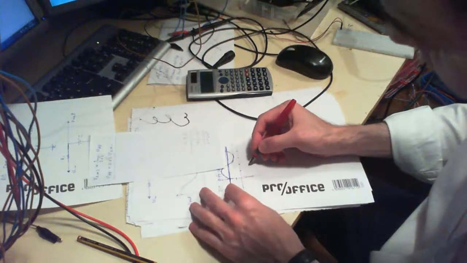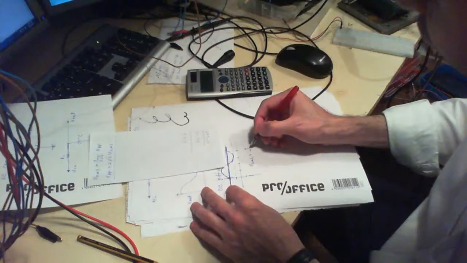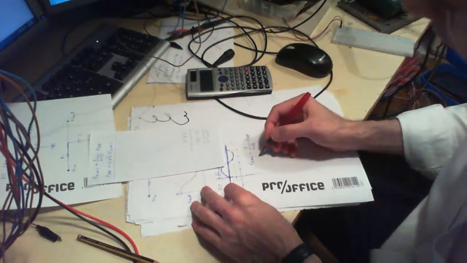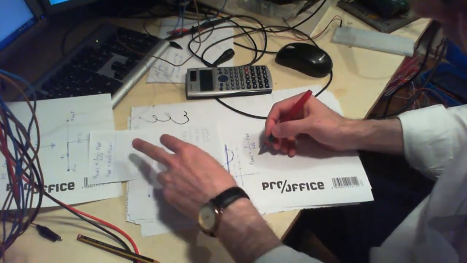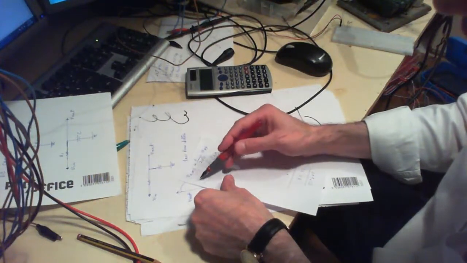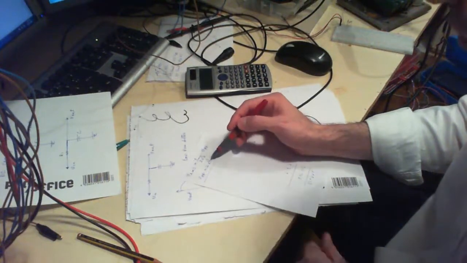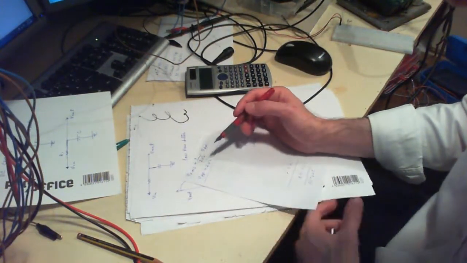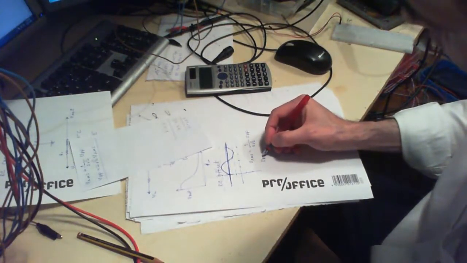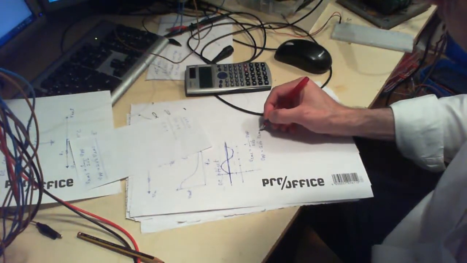That means that V of RMS is equal to 1 over 2 square root of 2 times V of peak-to-peak. And if you have V of RMS and you want to get peak-to-peak voltage, you have to multiply your RMS voltage by 2 square root of 2. So V of peak-to-peak would then be equal to 2 square root of 2 times V of RMS.